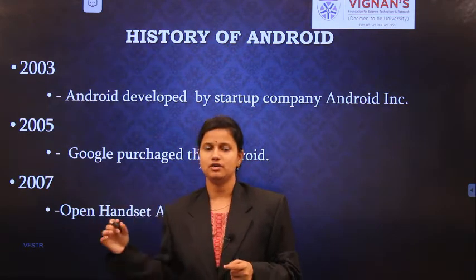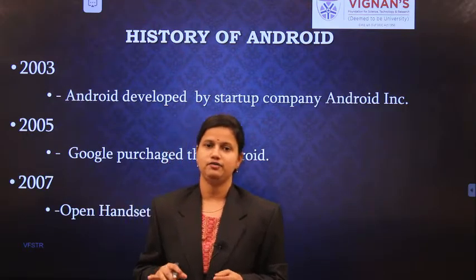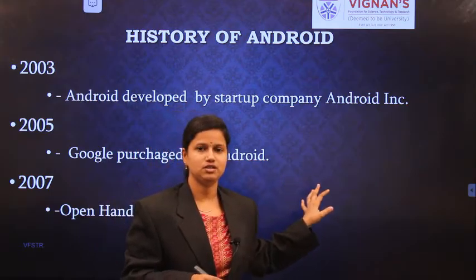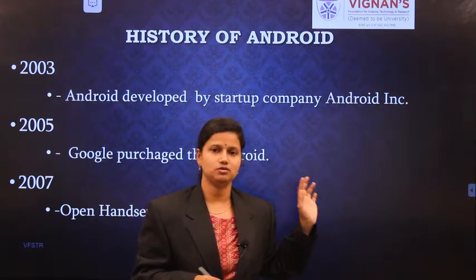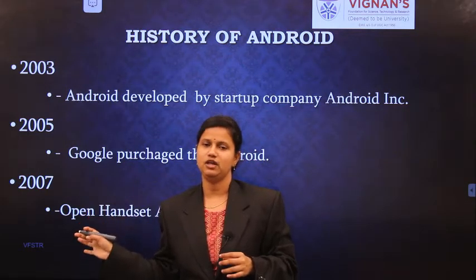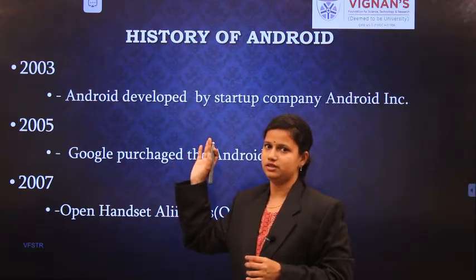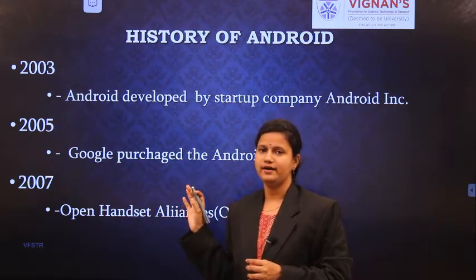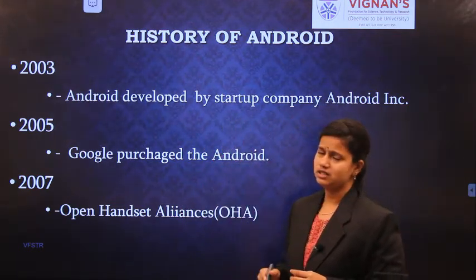From 2003 onwards, the development started, and different features were added. In the Android history, the main years are only three: 2003, 2005, and 2007. In 2003, Android was introduced by Andy Rubin and a startup company.